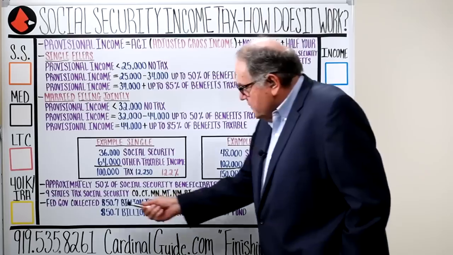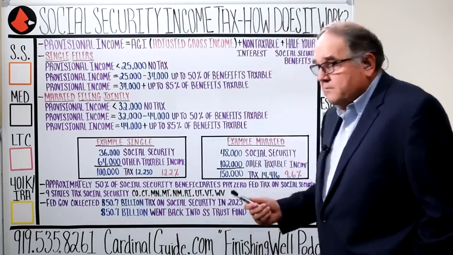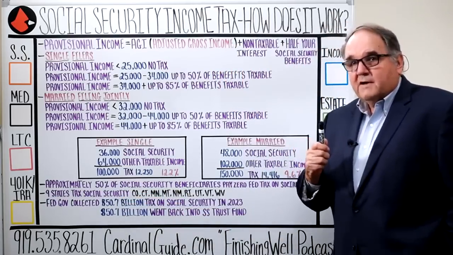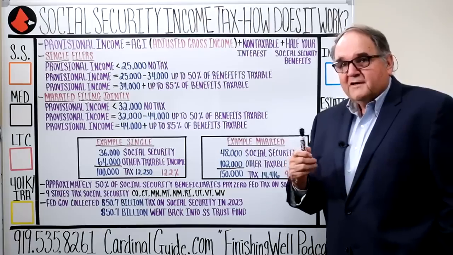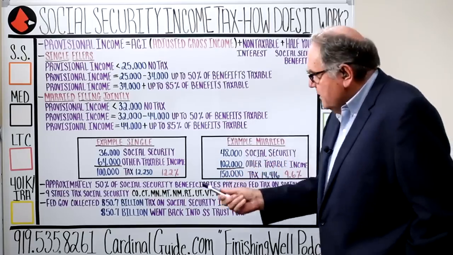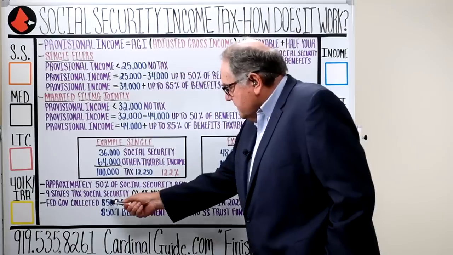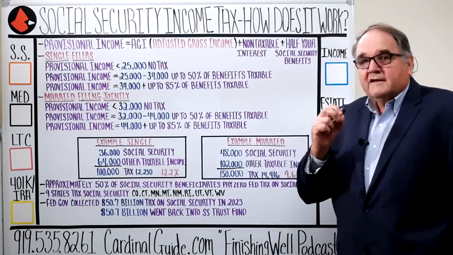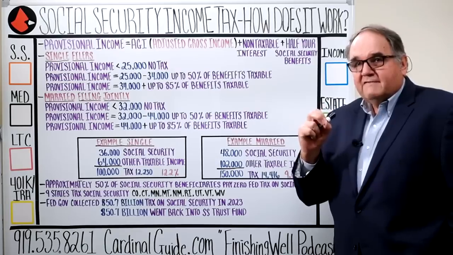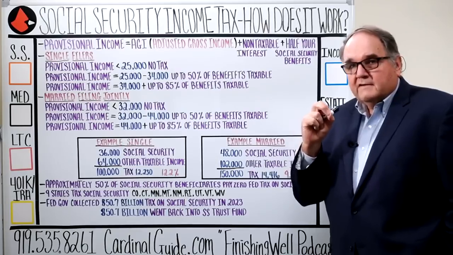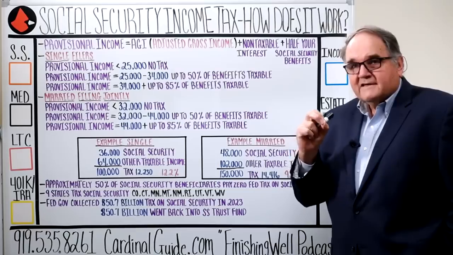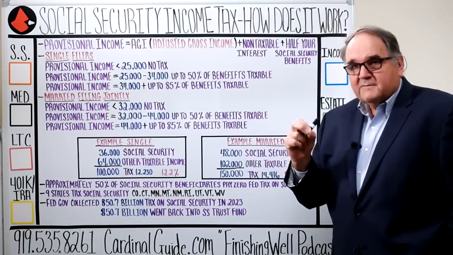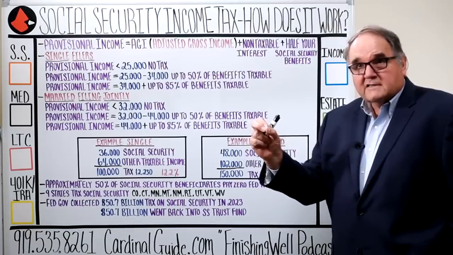And then I want to show you collectively in 2023, I went back to my old video in the show notes with the Social Security Trustees Report. In 2023, the Social Security Administration collected 50.7 billion in federal income taxes on Social Security recipients from their Social Security checks.